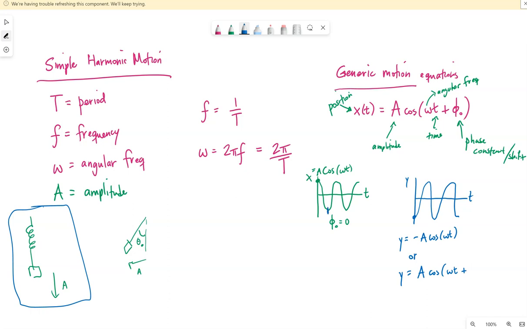So the difference in radians between the maximum point and the bottom point is half an oscillation, so that would be pi radians. This is our phase shift.